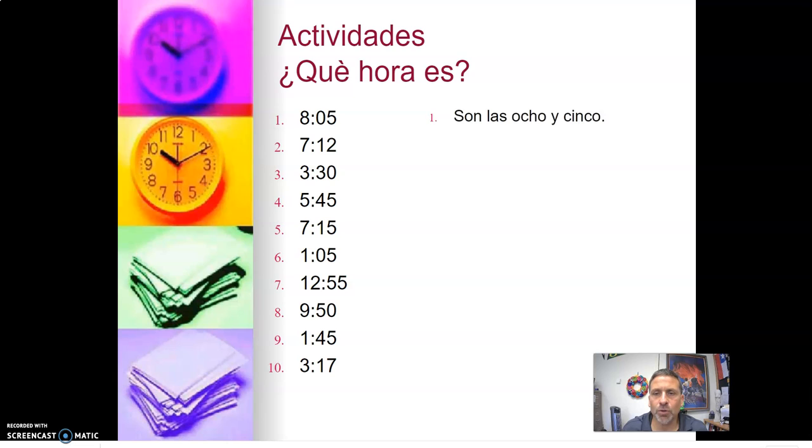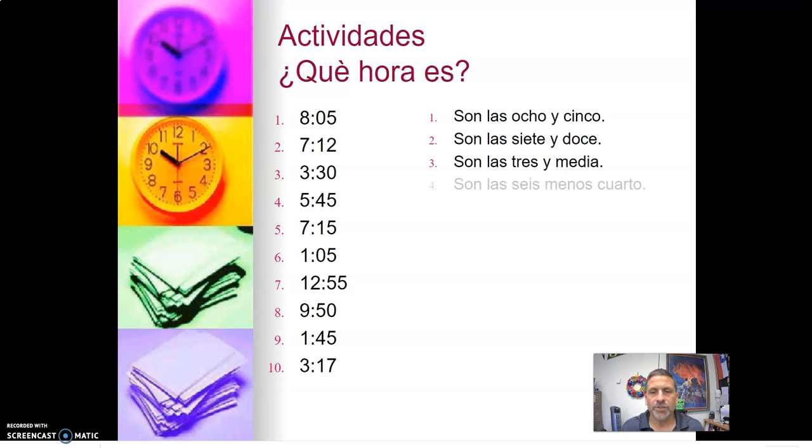Son las 8:05. Number 2, 7:12. Try to do it in your head while I'm doing these. I'll give a short pause. Son las 7:12. 3:30. Son las 3:30.